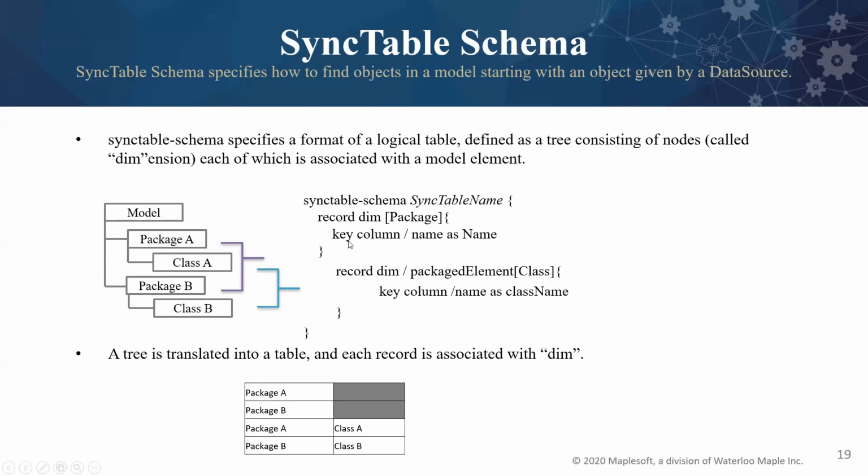We need to specify at least one key column, and what information of the package do I need from the model? I want to get the name of the package, and that's the name. So what this key will do now is I can only have one package A added to the model. If I add another package A, Maple MBSE will display it as a duplicate entry because it's a key column. And the next one is the class.